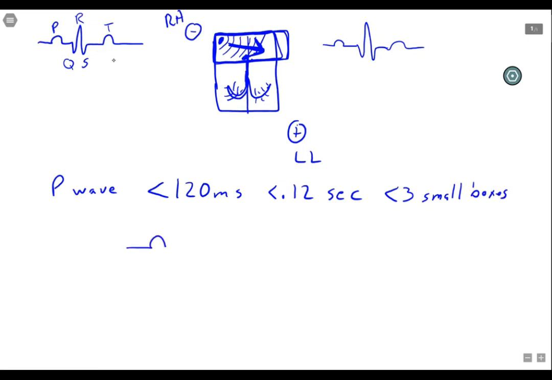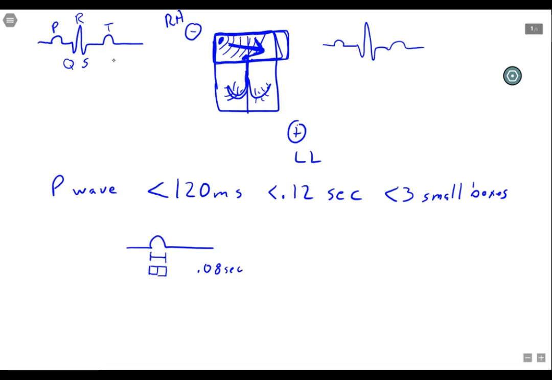So if we have a P wave, we simply start at the beginning of that P wave and go to the end of it, and we see, well, how many small boxes were there from beginning to end? In this situation, there were 2 small boxes. So this P wave lasted 0.08 seconds. And so that's a good P wave. It's also important to know that it shouldn't be too tall.